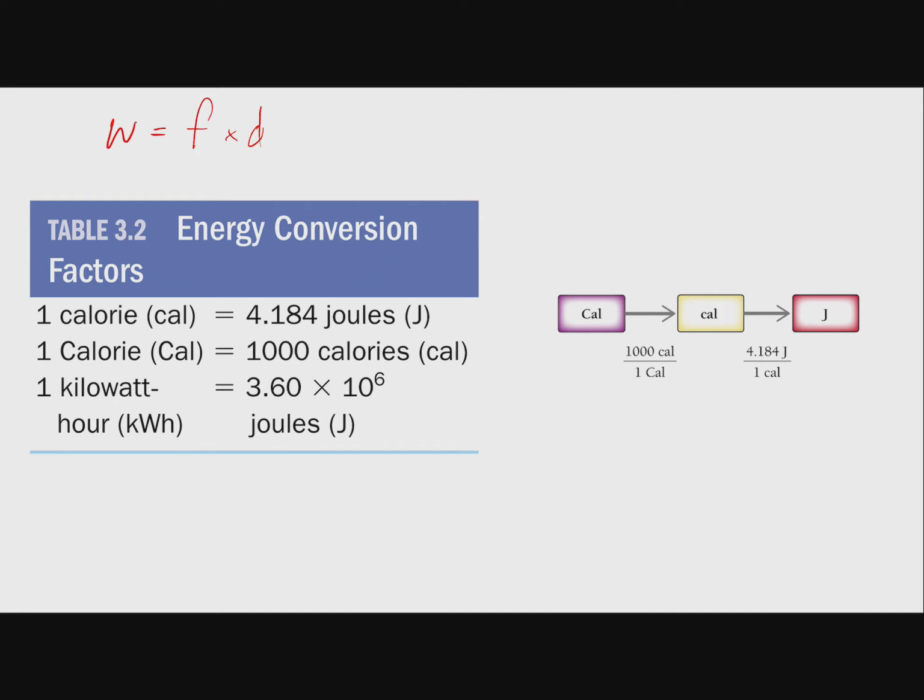There's a law of conservation of energy that states energy is neither created nor destroyed. The total amount of energy is constant. Energy can be changed from one form to another form. It can be transferred from one object to another object, but it can't be created out of nothing, and it does not vanish into nothing.